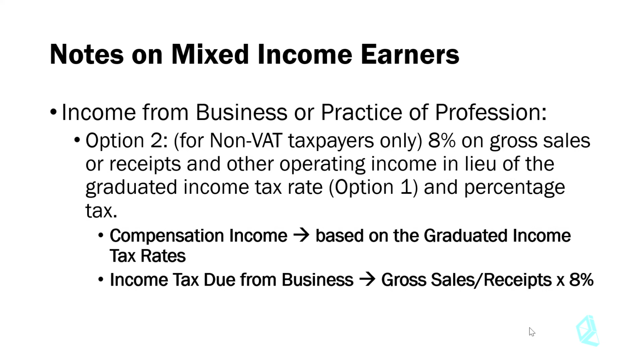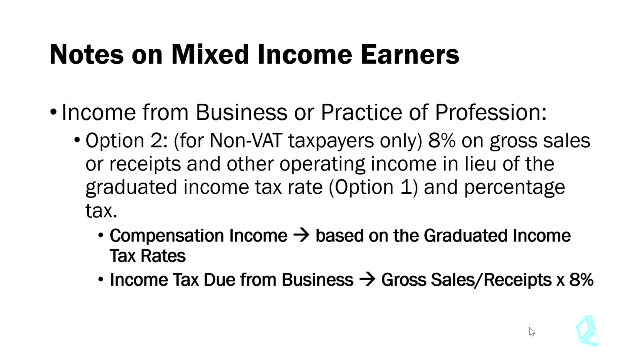Now, option number 2 is available for non-VAT taxpayers. So this is what we've discussed in previous videos as the 8% tax on gross sales or receipts and other operating income in lieu of the graduated income tax rate, which is option number 1, and percentage taxes.